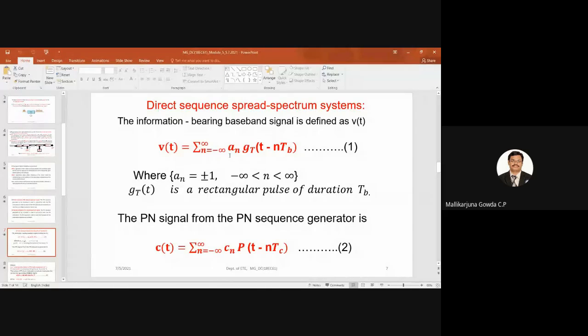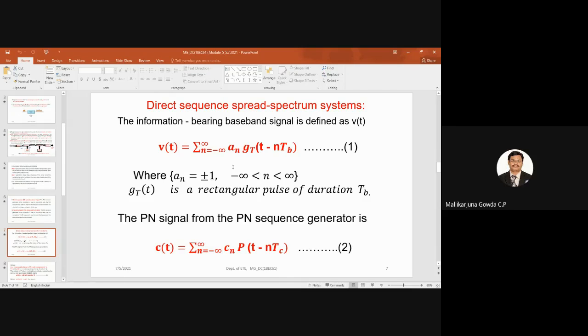Hope you got this point. Why do I say summation? The summation of n equal to minus infinity to infinity of a_n g_T(t minus n T_b). What is the value of n for these 5 bits? For 5 bits, the value of n will be 5. So each bit duration will be 1 over 5.